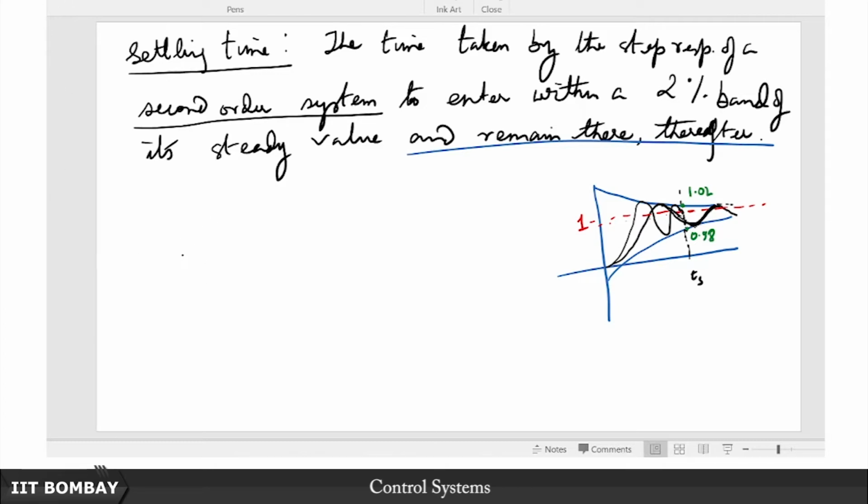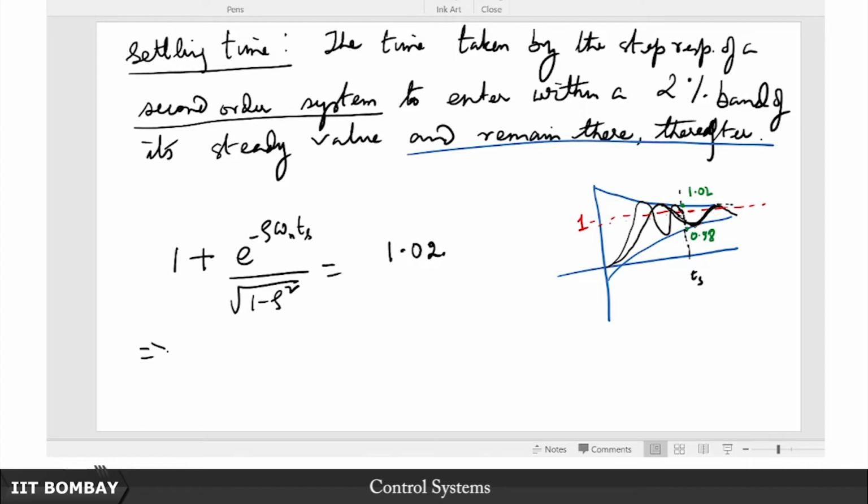So let us get an expression for this settling time now. What we are going to say is that 1 plus e to the minus zeta omega n t s upon square root of 1 minus zeta squared is equal to 1.02, alright.